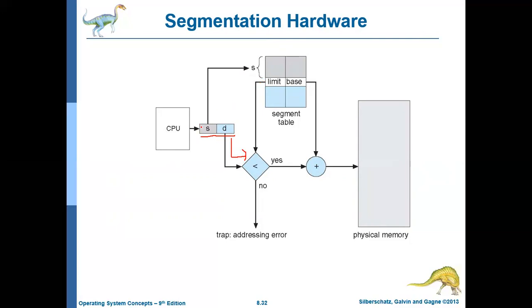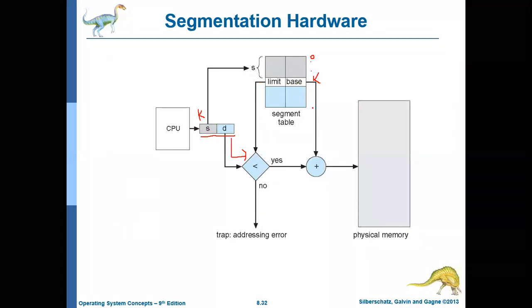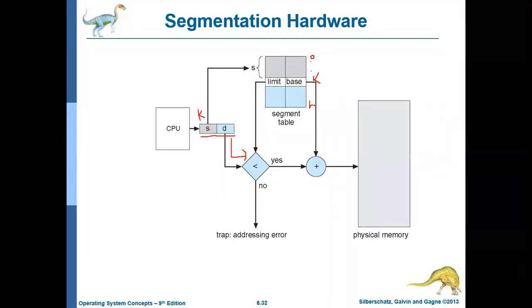This S refers to some segment number. So if S is k, then this is the kth segment. Segments are numbered from 0 to n minus 1, where there are n segments in total, so in between there is a segment k.